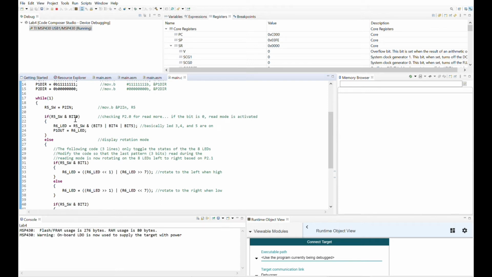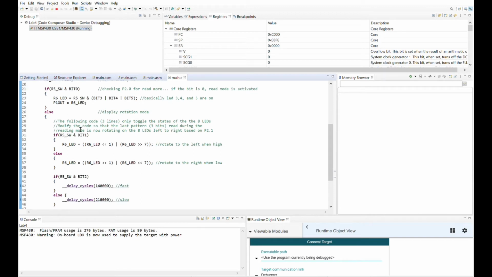At bit 0, we're going to follow these commands. If this is low, we are going to be able to do this, the read mode.